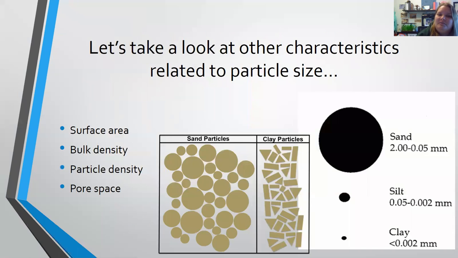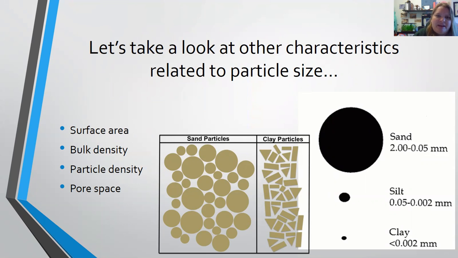But moving on to other characteristics that are related to particle size. These are really big things to remember, not only for our class, but also the lab. Know the difference between sand, silt, and clay as far as size and the diameter range, which is listed out here on that image.